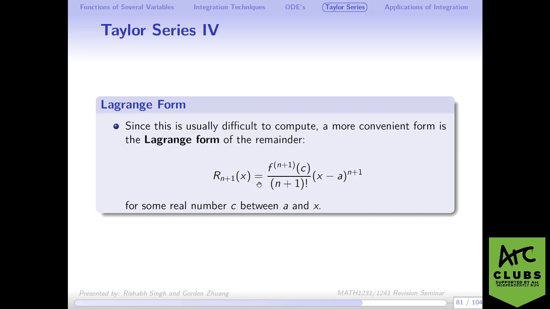And if you look at this term, it actually looks like another term of the Taylor polynomial. So we have the n plus 1 derivative of f divided by n plus 1 factorial times this power to n plus 1. However, instead of x, we have c, which is some value between a and x. And we don't necessarily know what it is, but we know that the remainder will be equal to this.